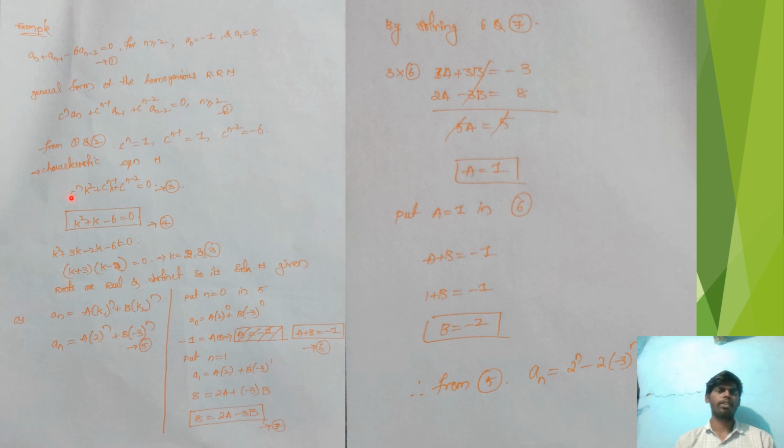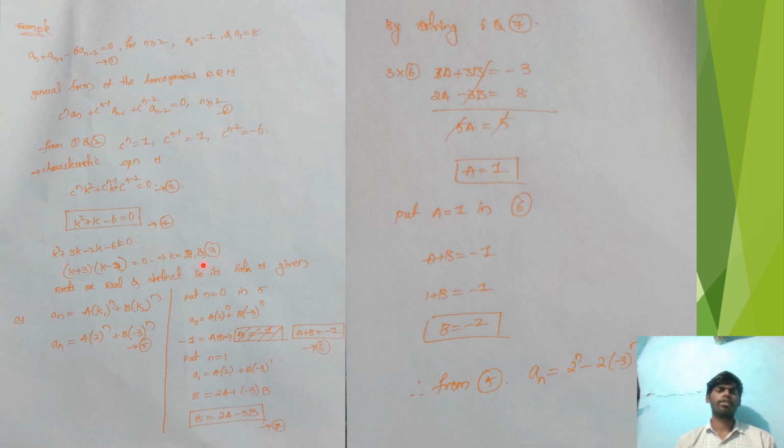And substituting the values of c_n, c_{n-1} and c_{n-2} in this characteristic equation, we get k squared plus k minus 6 as equation 4. By solving this equation, we'll get k plus 3 and k minus 2, which are real and distinct values.